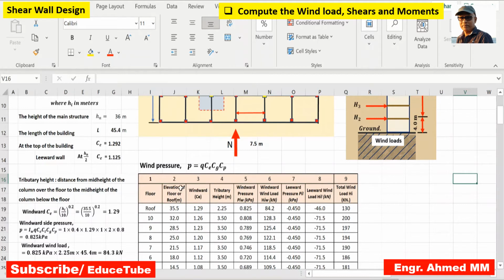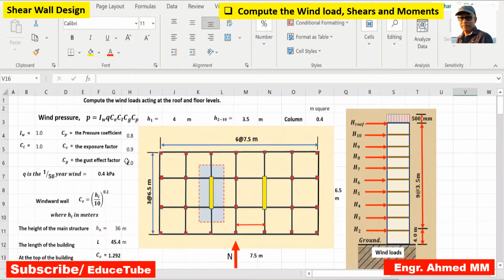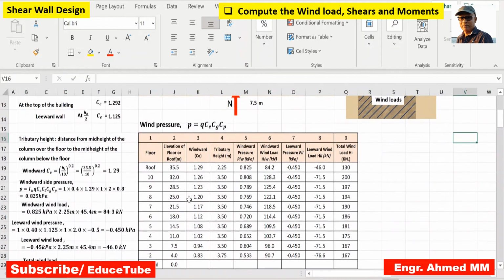I made the table with 9 columns, and I already mentioned what terms are used for each column: floor, elevation of floor, windward exposure factor CE, and tributary height. Tributary height means the distance from the mid height of the column over the floor to the mid height of the column below the floor.